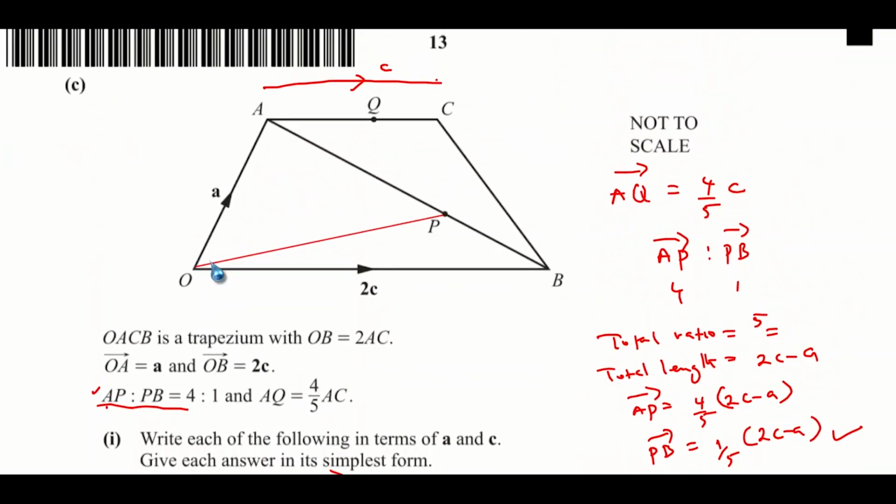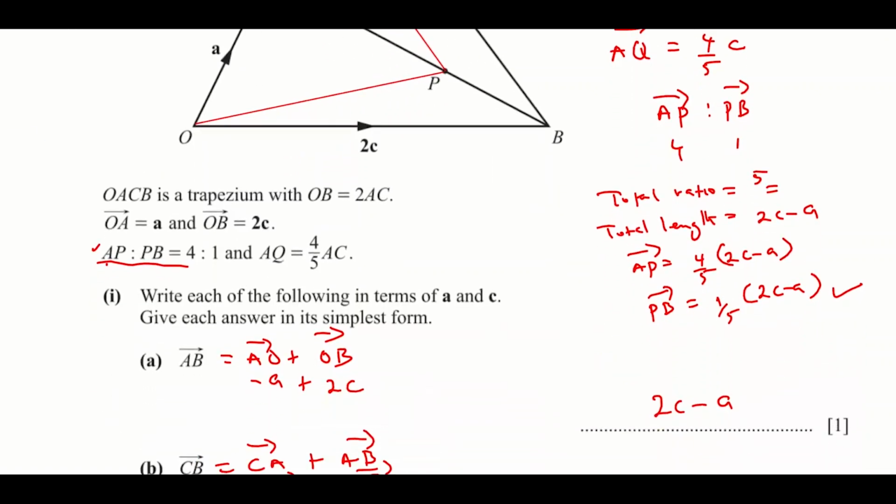So Q, this is Q and this is P. So we can draw a line to connect them together. So to get QP, we have many routes you can take, but I'll just take this one, QA plus AP. Okay, so I'll take it like that.